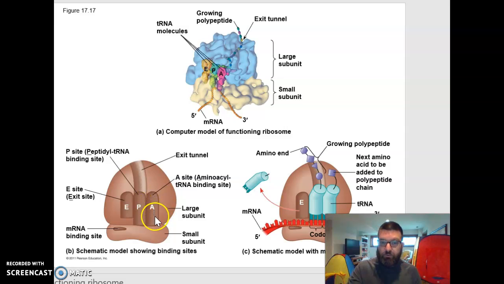And then it moves into the next site, P, which is where you add your peptide bond, when we're going to add this amino acid onto the growing chain. And then E is for exit. So arrival, peptide bond, exit. And as soon as one exits, the one from the P site will move to the E, the one from the A site will move to the P, etc., etc.